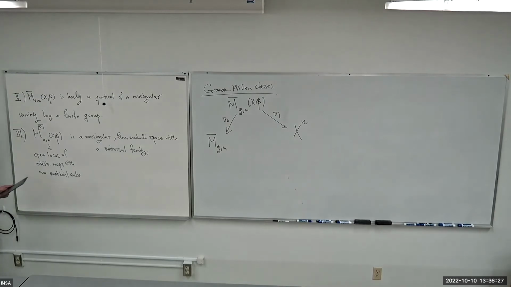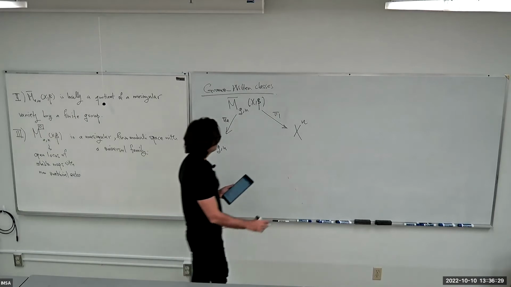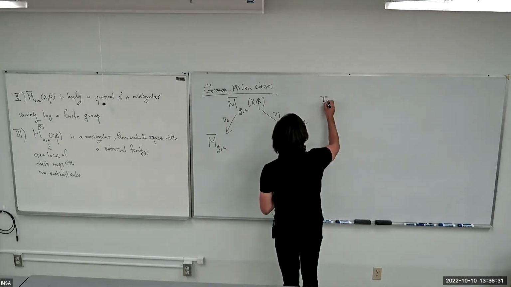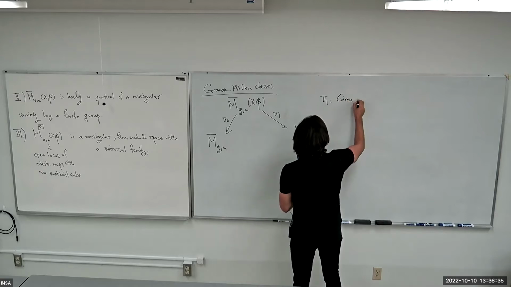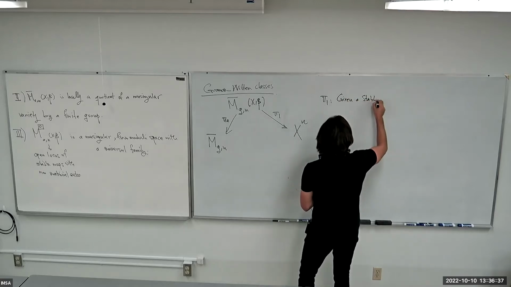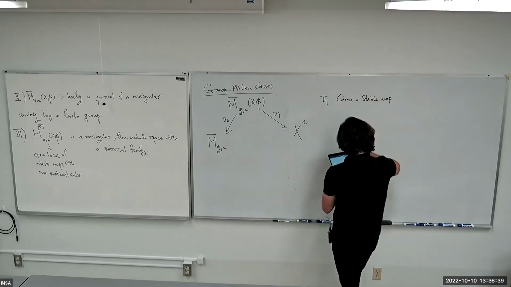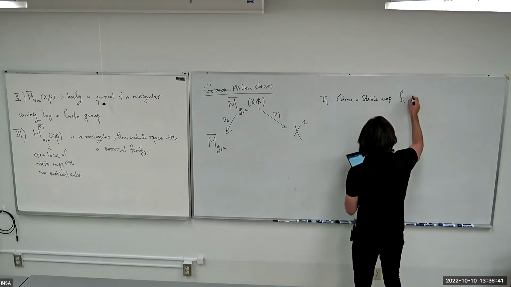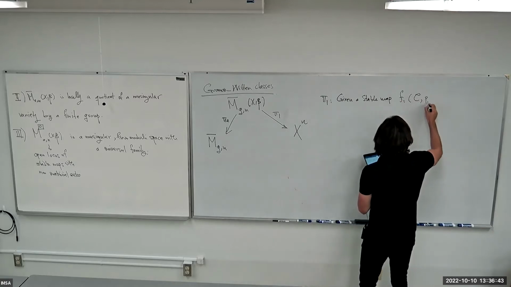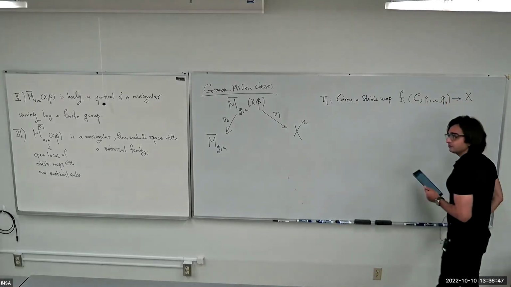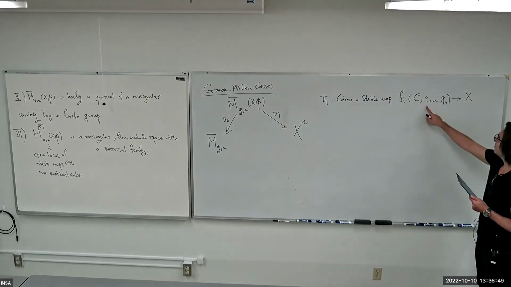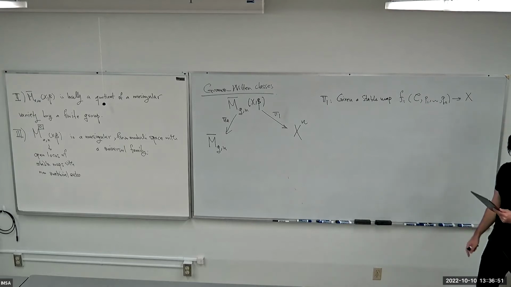So I forget the map. What is the map pi 1? The map pi 1 is the following. Given a stable map f from a curve with n markings on it to the ambient X, you can ask yourself what the location of these marked points is.